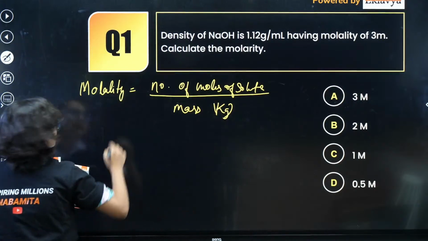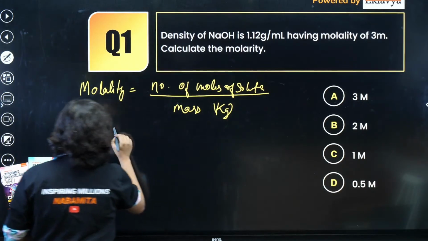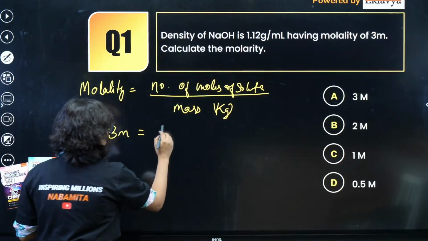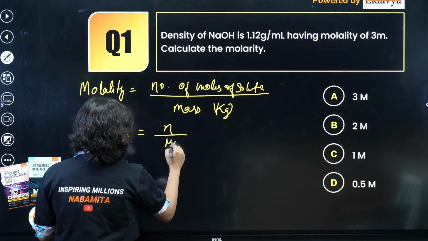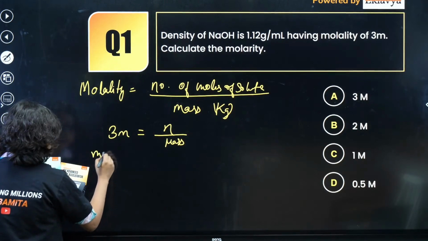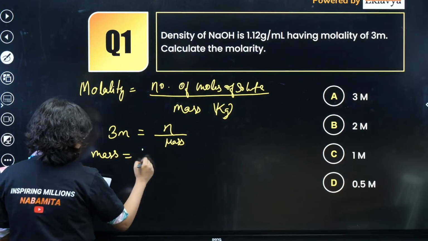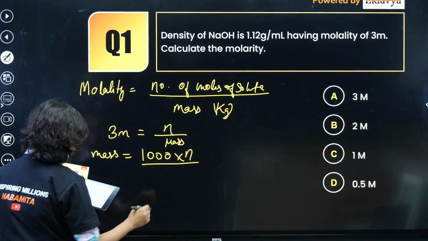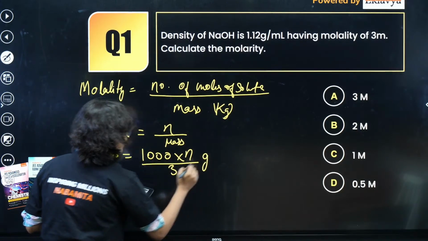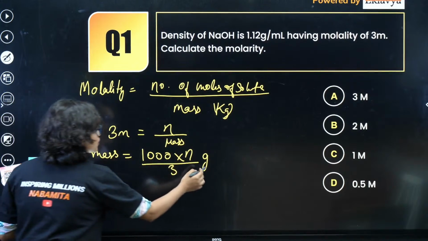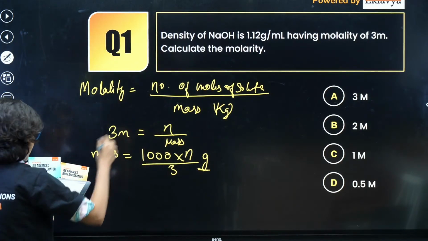This is what we know. Now molality is given to you, which is 3 m, so 3 molal is given to you. Now we need to calculate n divided by mass of solvent. So we can write mass is equal to 1000 multiplied by n divided by 3. Why did I multiply it with 1000? Because here I have changed it to gram instead of kg.